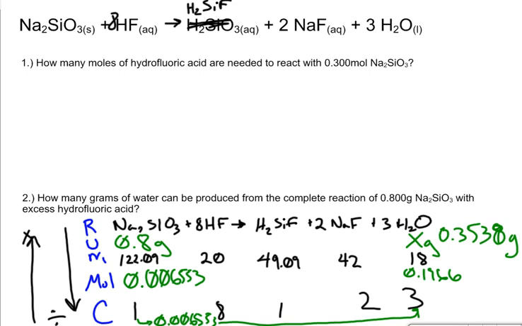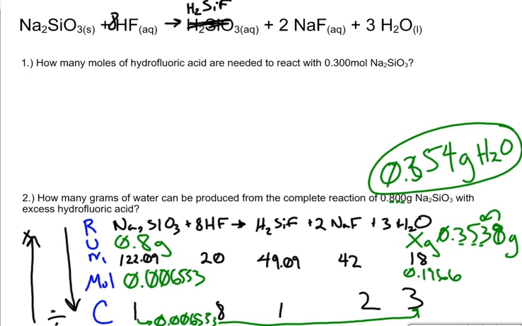Double check your sig figs. I see 1, 2, 3 sig figs. The 8 pushes the 3 up, and I end up with an answer of 0.354 grams of water.